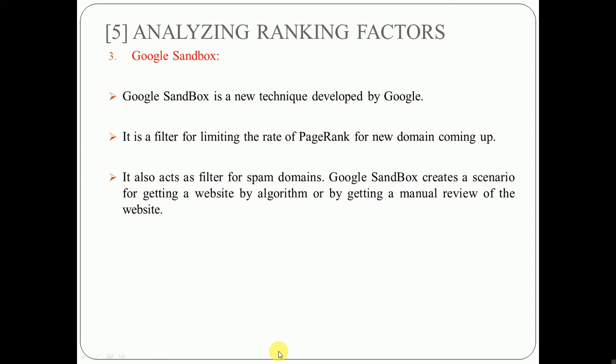Google Sandbox creates a scenario for evaluating a website by algorithm or by manual review of the website. If a new website comes, Google considers it using the Sandbox with the help of the algorithm, and it will manually review whether the website is proper and how many rankings it is getting. So all these things are considered here.